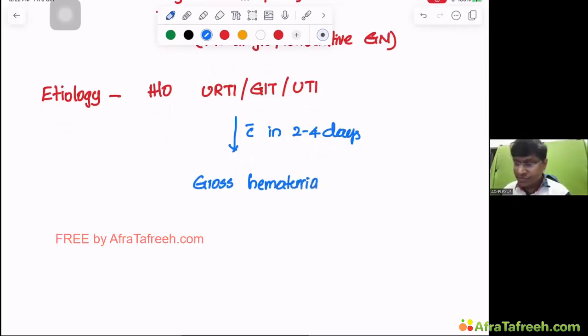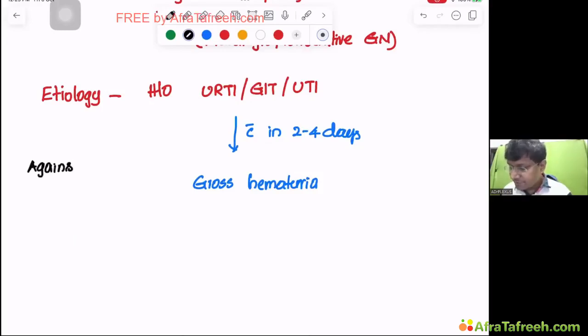Why do they develop this gross hematuria? Against this upper respiratory tract infection or GIT or urinary tract infection, the first line of defense, IgA, is being formed.